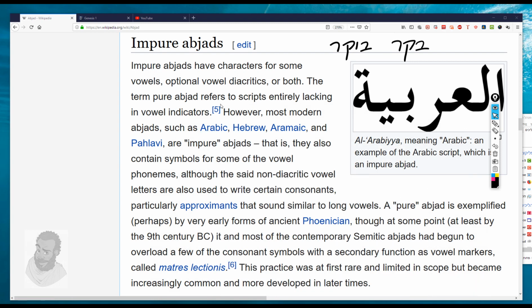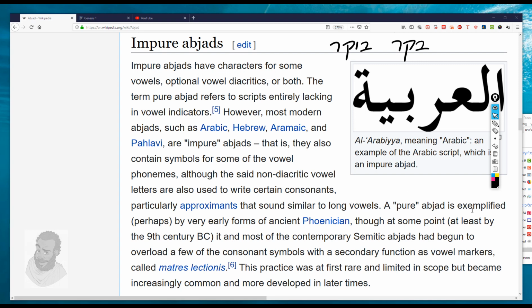The term pure abjad refers to scripts entirely lacking in vowel indications. However, most modern abjads, such as Arabic, Hebrew, Aramaic, and Pahlavi, are impure abjads. That is, they also contain symbols for some of the vowel sounds, although the said non-diacritic vowel letters are also used to write certain consonants, particularly approximants that sound similar to long vowels.